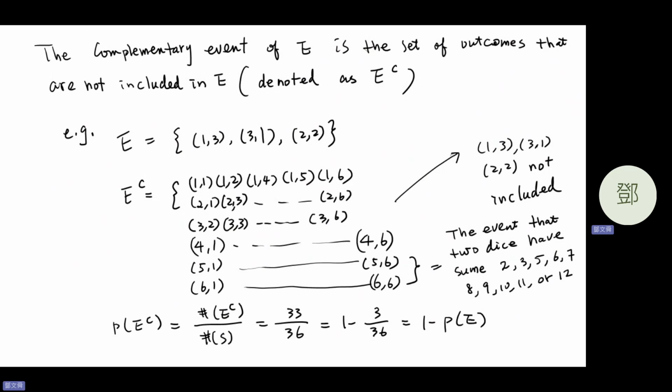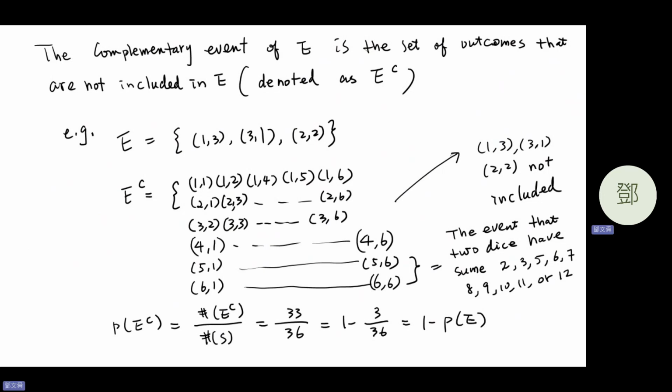And what is the third row? 3 2, 3 3. And what happened to 3 1? 3 1 is here in E, so it should not be in the complement of E. So how many elements?